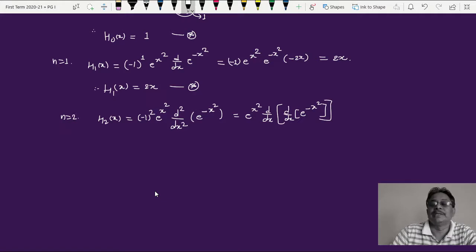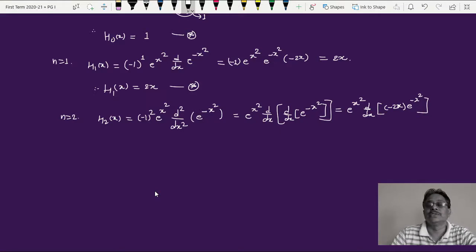So simplifying this, I get e raised to x square as it is, then d by dx of, so first bracket, this differential gives me minus 2x into e raised to minus x square.